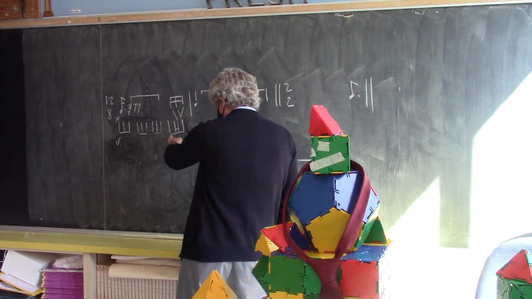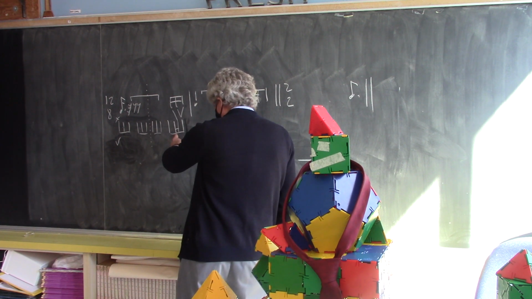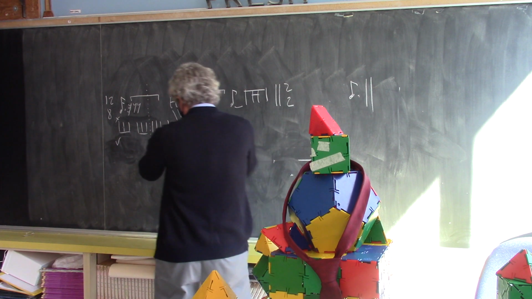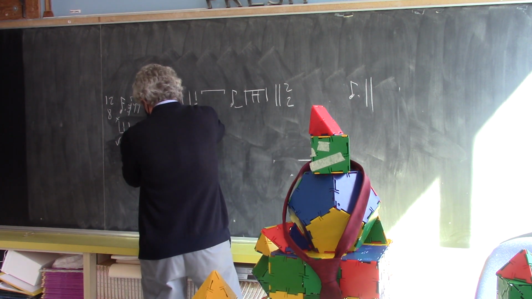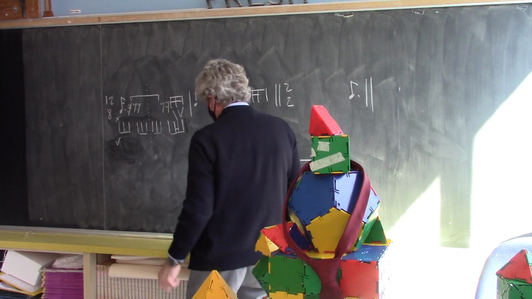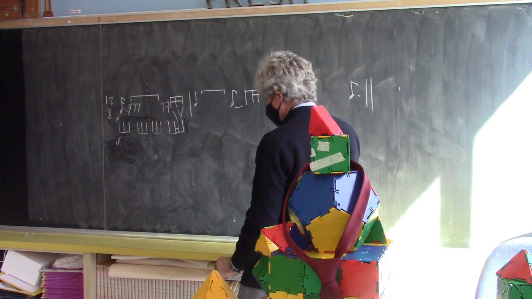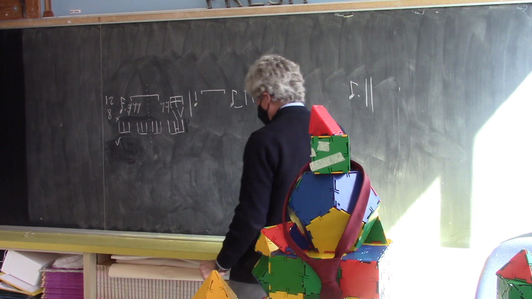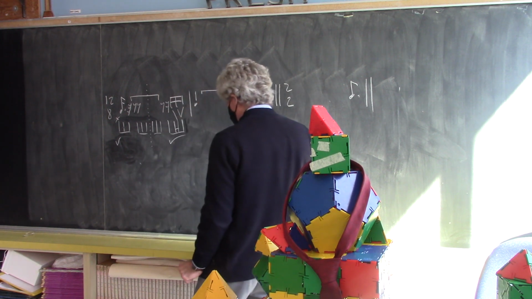So I need an 8 plus a 16. You could put a dot, or you could put an 8 plus a 16. That wouldn't be too fussy. So either one. So that takes care of that.